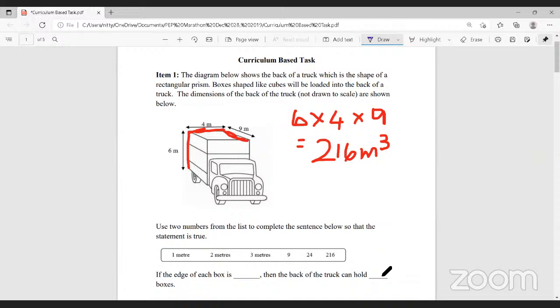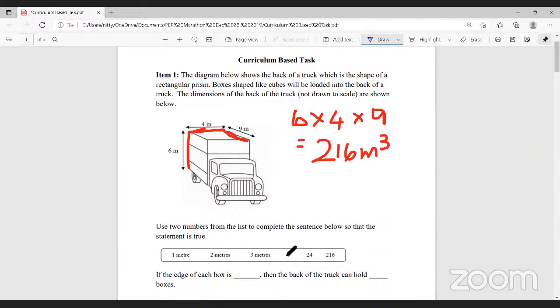So for me, what I did, I was looking at the numbers here and trying to see what relationship I could determine from these given numbers. I looked at the 3 meters and the 9 and I thought, ooh, 3 times 3 gives me 9.